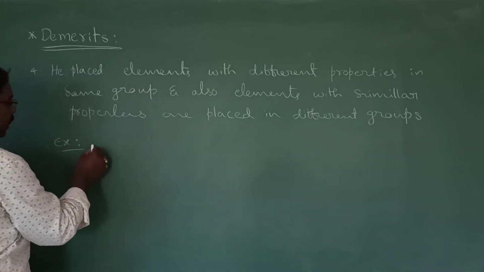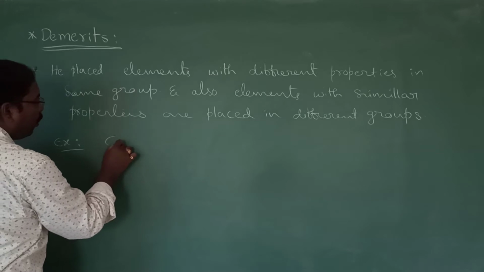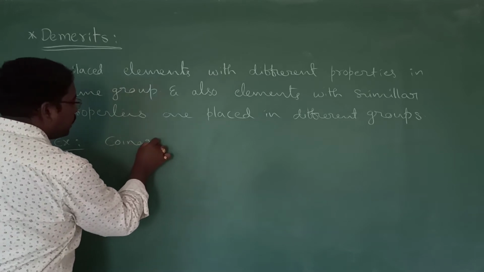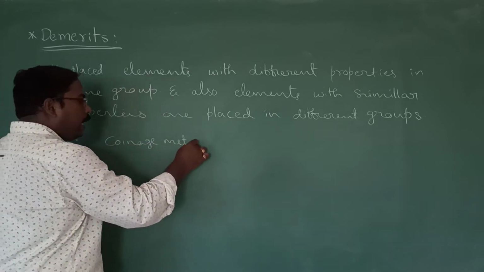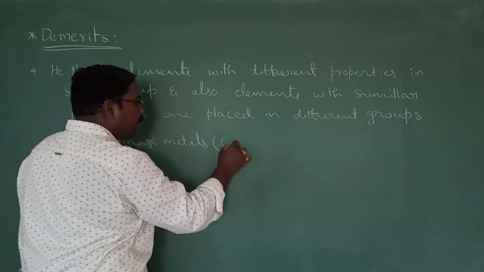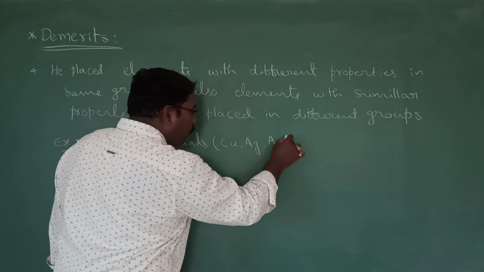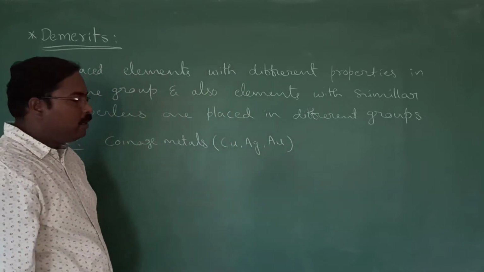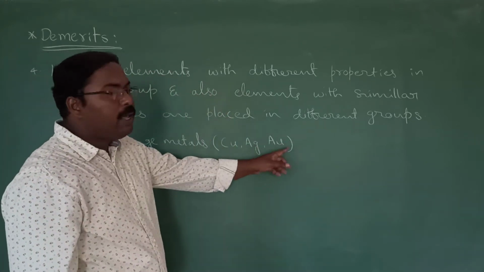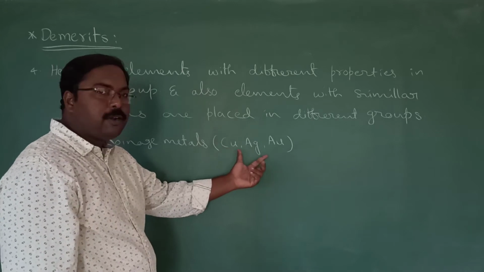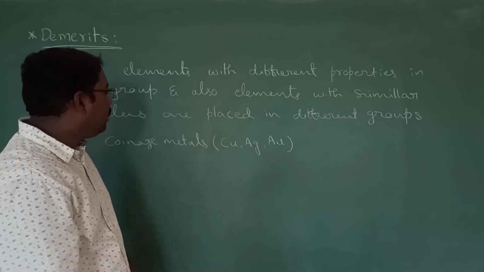Now coming to the example point of view, coinage metals. Remember this point. Coinage metals means copper, silver, gold. Okay? Copper, silver, gold. So these three metals are known as coinage metals.